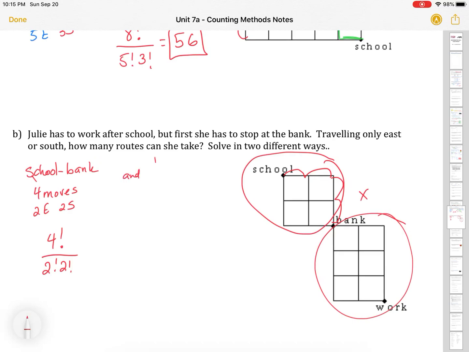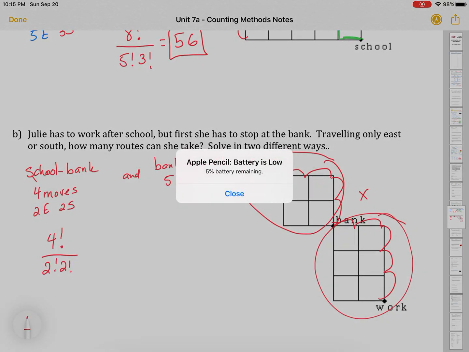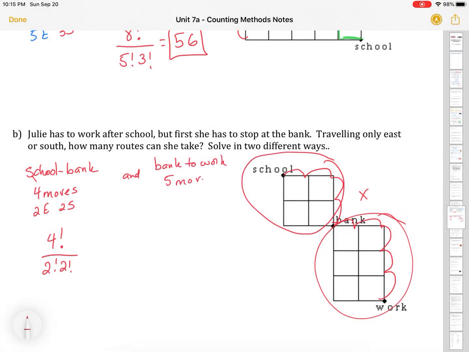Okay, so that would be 4 factorial over 2 factorial times 2 factorial. Then she's got bank to work. And that goes 2 east and 3 south. So she's got 5 moves. And it's 2 east and 3 south.